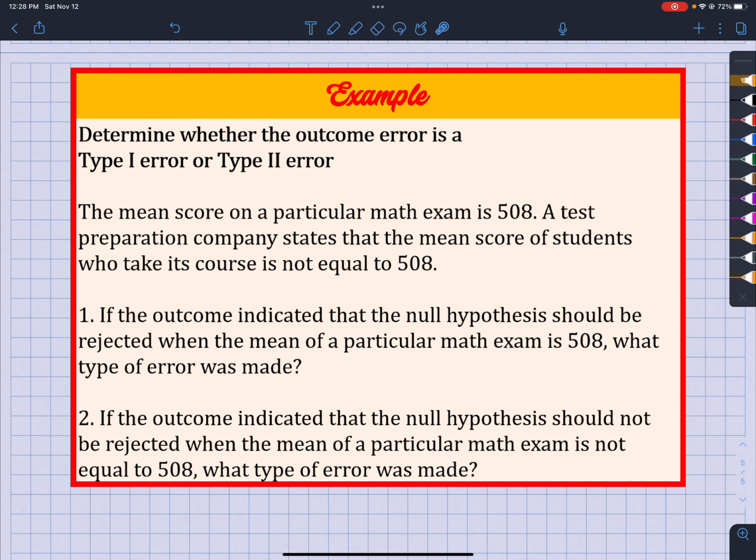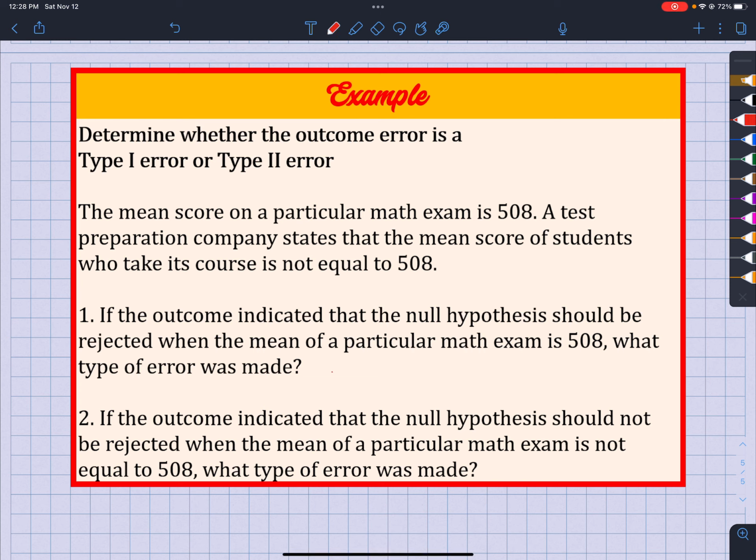The mean score on a particular math exam is 508. A test preparation company states that the mean score of the students who take its course is not equal to 508. One, if the outcome indicates that the null hypothesis should be rejected when the mean of a particular math exam is 508, what type of error is this?